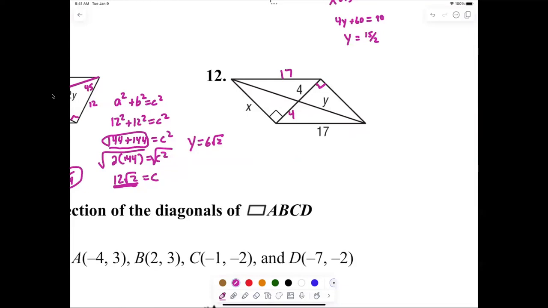This has to be X. Yeah, I don't think I can tell anything from this either. Do A squared plus B squared equals C squared for that, 4 and 17. And then on those ones, what's the right angle? You could do A squared plus B squared equals C squared on the triangle on the left.